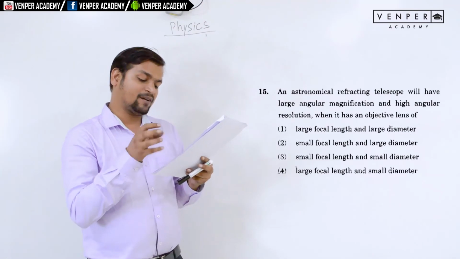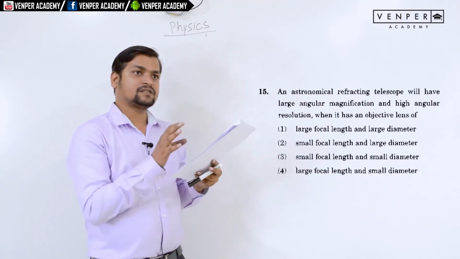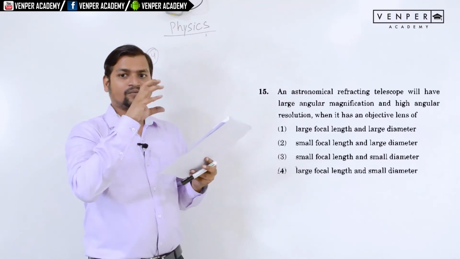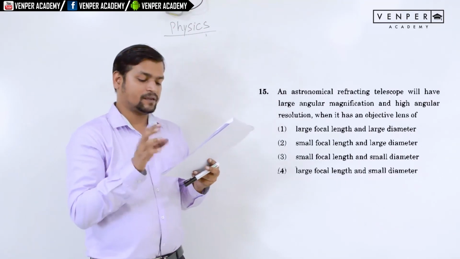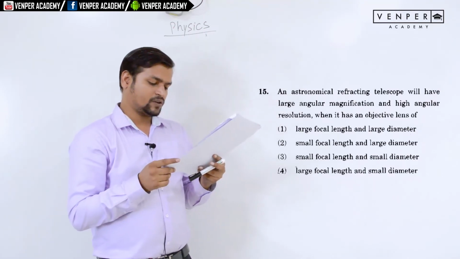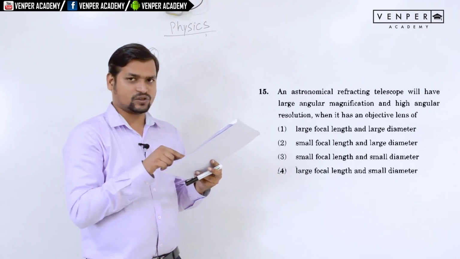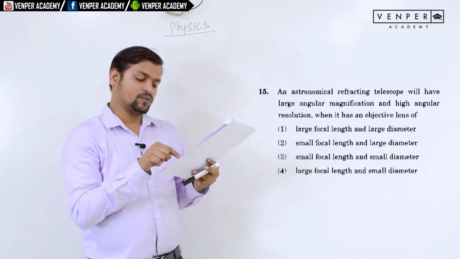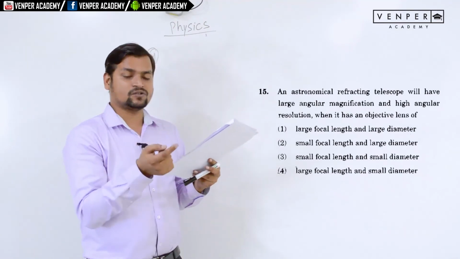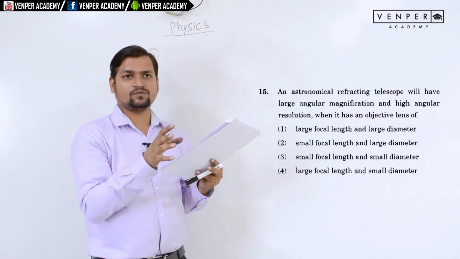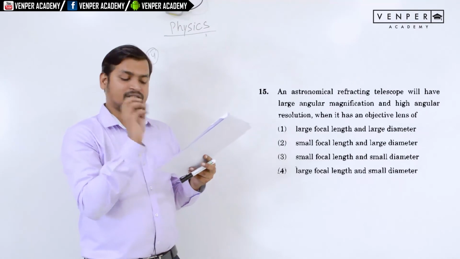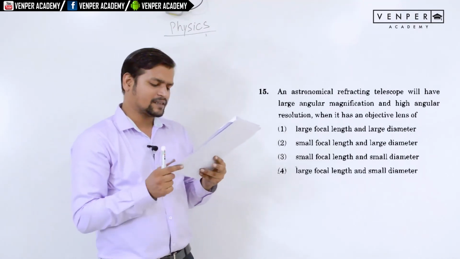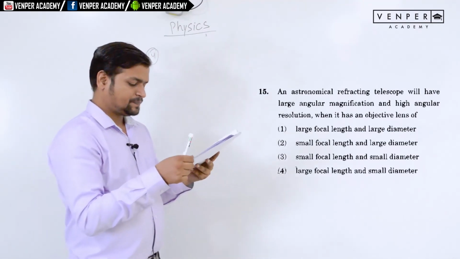And for angular resolution, the diameter of that lens should be large. So because we want both high angular magnification and high angular resolution, focal length should be large and its diameter should be large. So correct answer is first option.